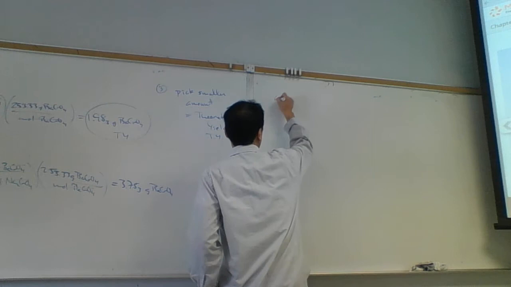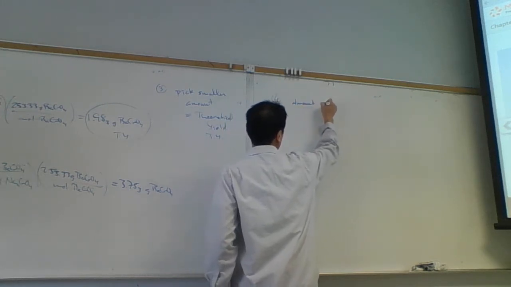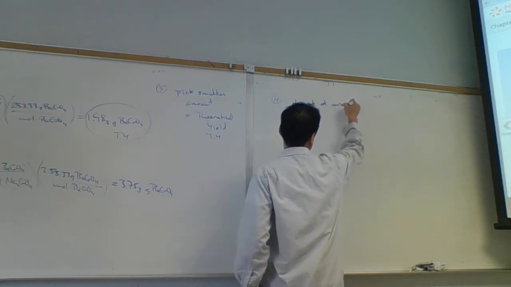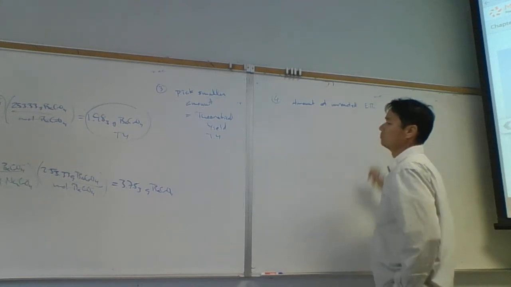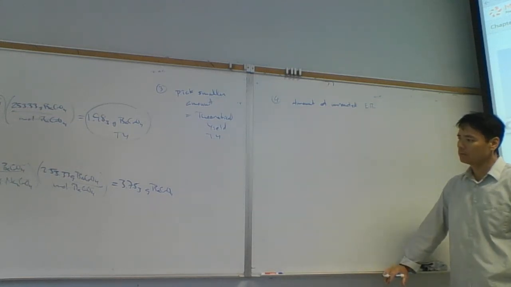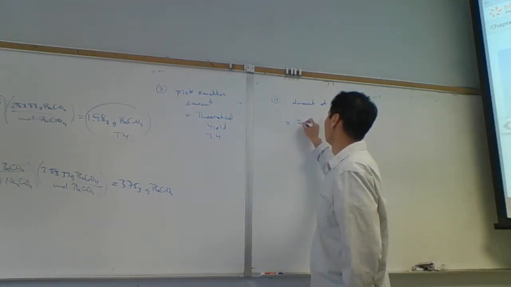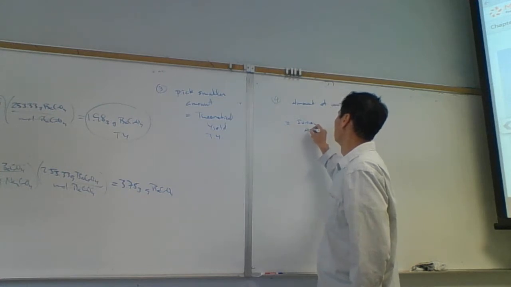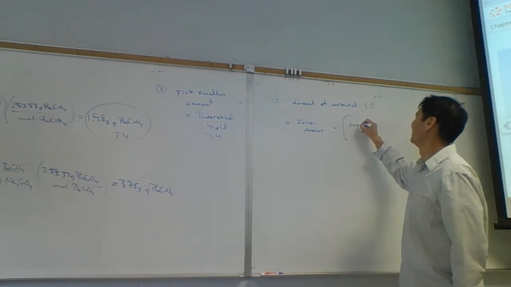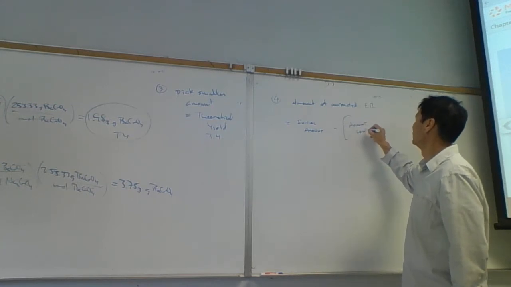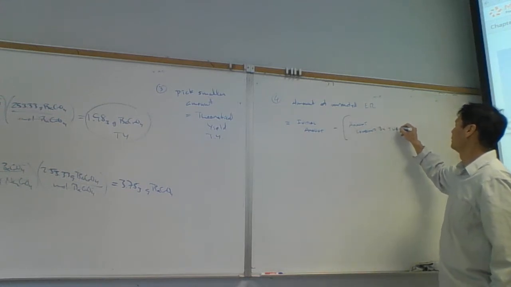And so number 4 here, we're going to calculate the amount of unreacted excess reagent. The amount of unreacted excess reagent is equal to the initial amount minus the amount consumed by the limiting reactant, LR.